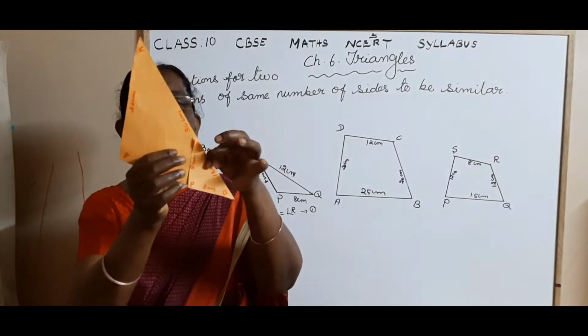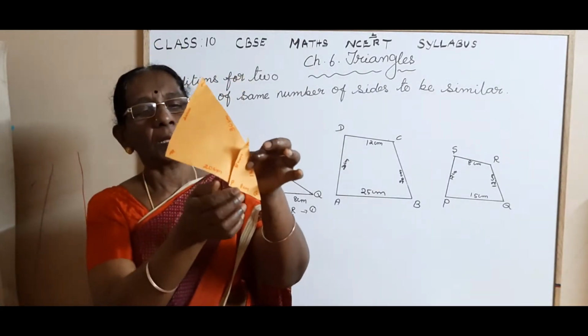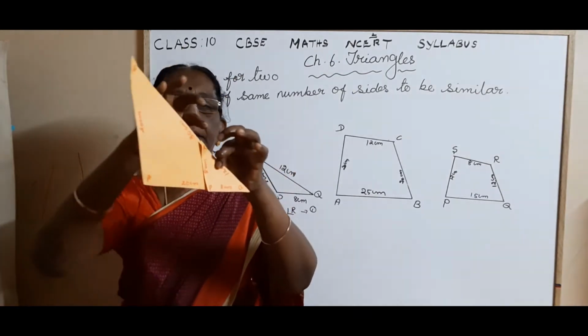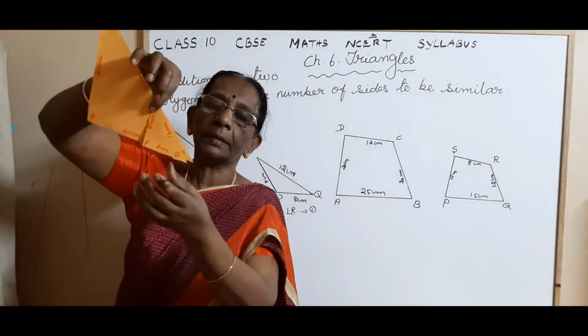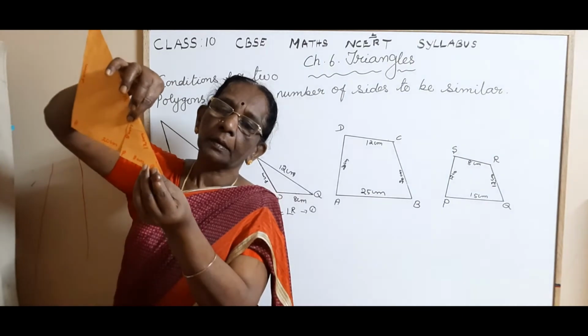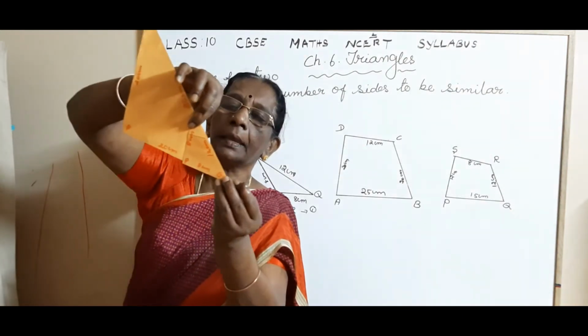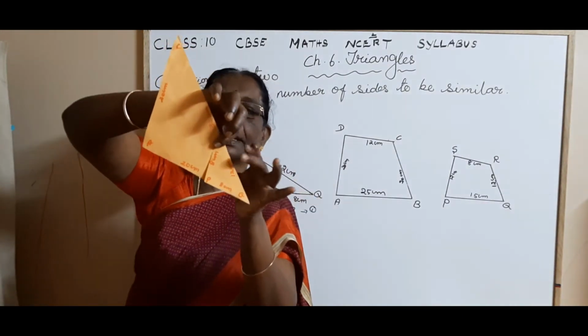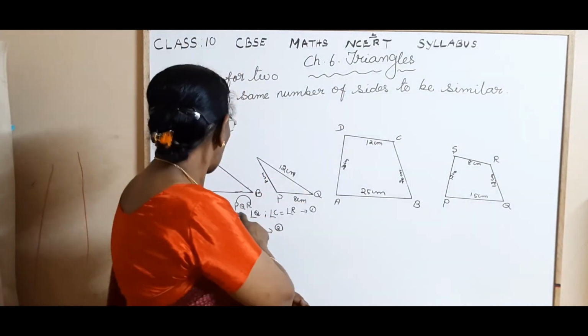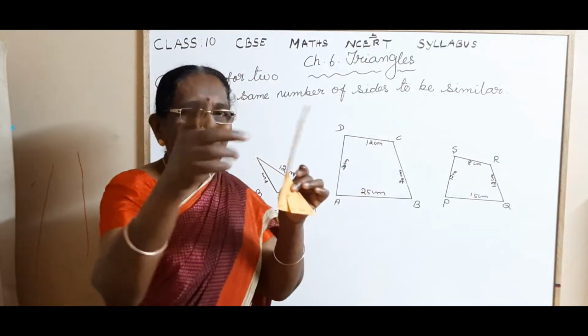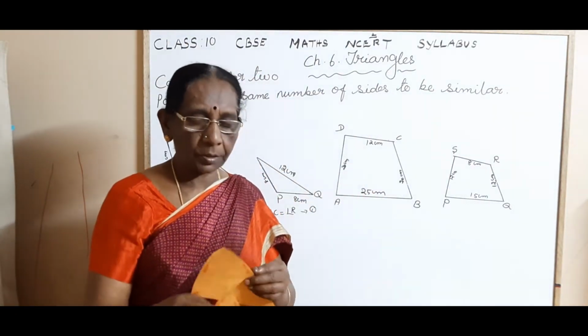See here, they are exactly coinciding. If we hold it like this, see, they are exactly coinciding. Isn't it, children? In the same way, angle B is equal to angle Q is correct.